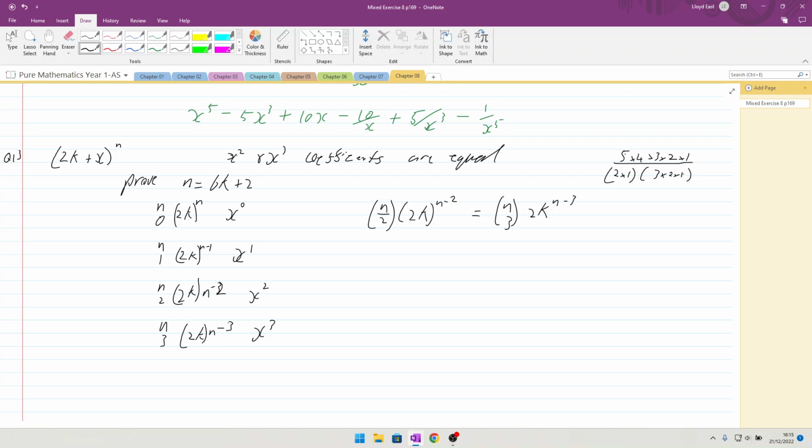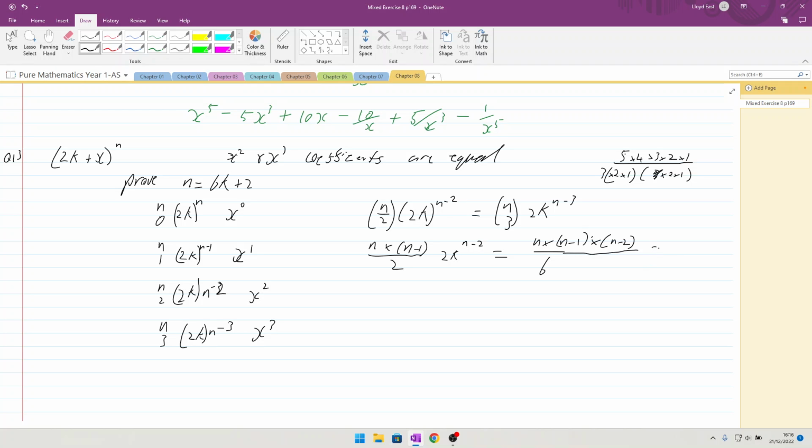Okay, so on this one, we've got n times n minus 1, divided by 2, times 2k to the n minus 2, and on this one it's going to be times 3, and times 2, so 6, so it's going to be n times n minus 1 times n minus 2, over 6, as we go down in the descending powers there.